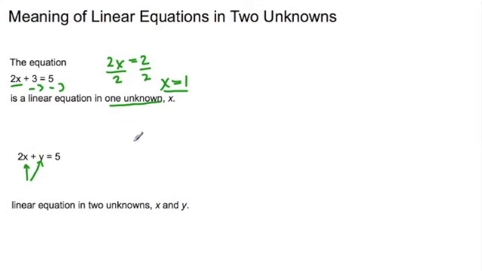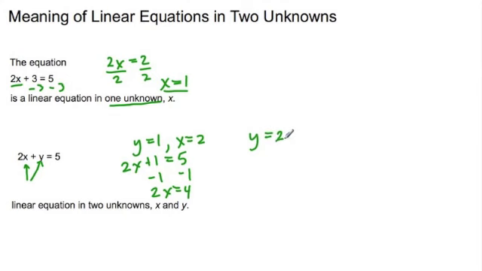Well, if y equals 1, then I would have 2x plus 1 equals 5. Subtract 1, subtract 1. 2x equals 4, so x equals 2. However, I could also say y equals 2.